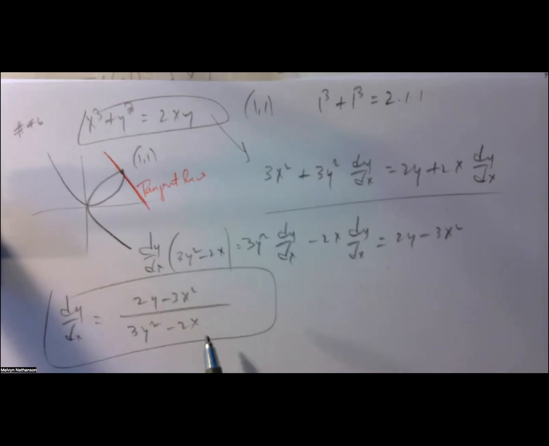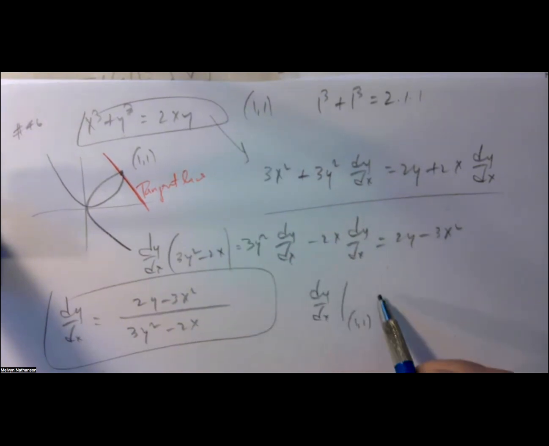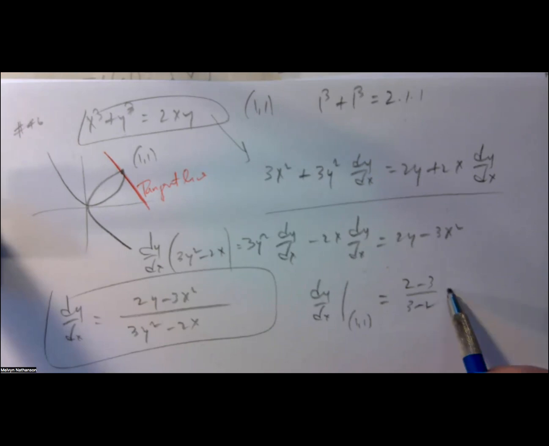So with implicit differentiation, this is dy/dx. And we want to know the value of the derivative at the point (1,1). So dy/dx at the point (1,1) is equal to, when x and y are 1, (2 minus 3) over (3 minus 2), which is minus 1.